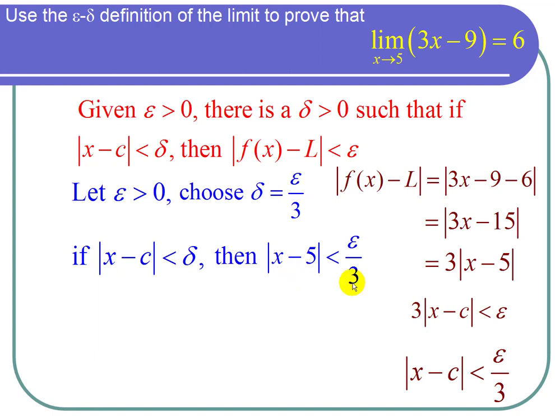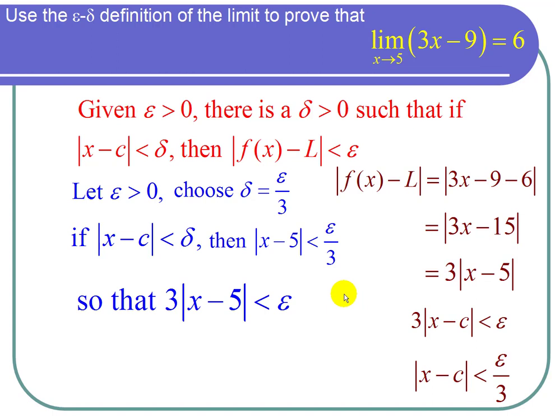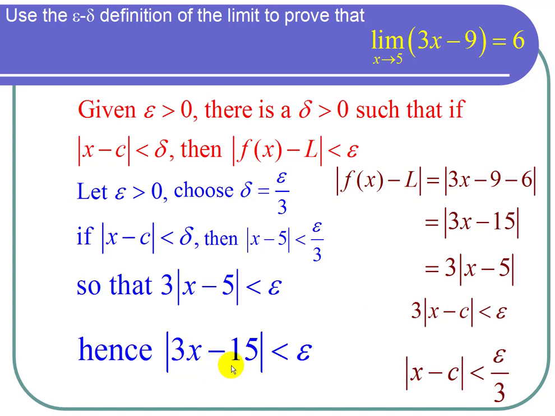Then multiply the 3 through, and I get |3x minus 15| is less than epsilon. Then I can turn the 15 into a negative 9 minus 6. And I get that the absolute value of 3x minus 9 minus 6 is less than epsilon.